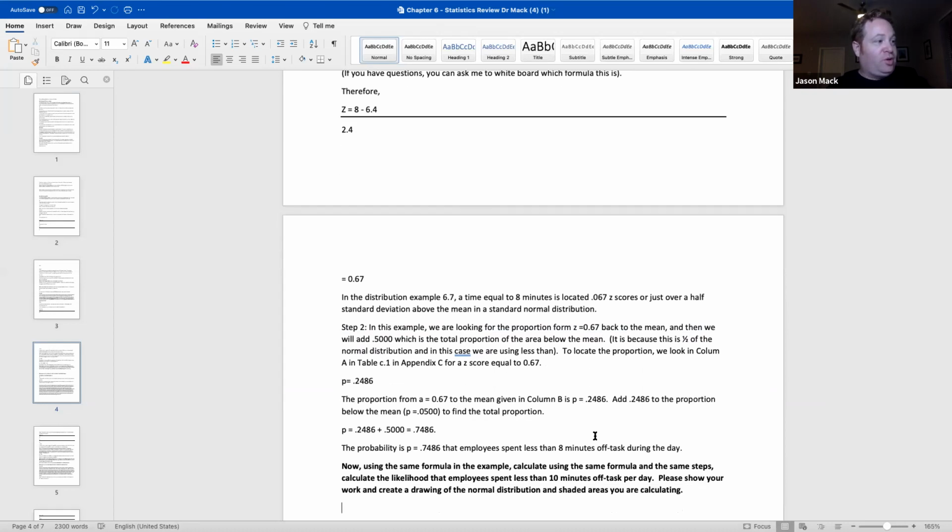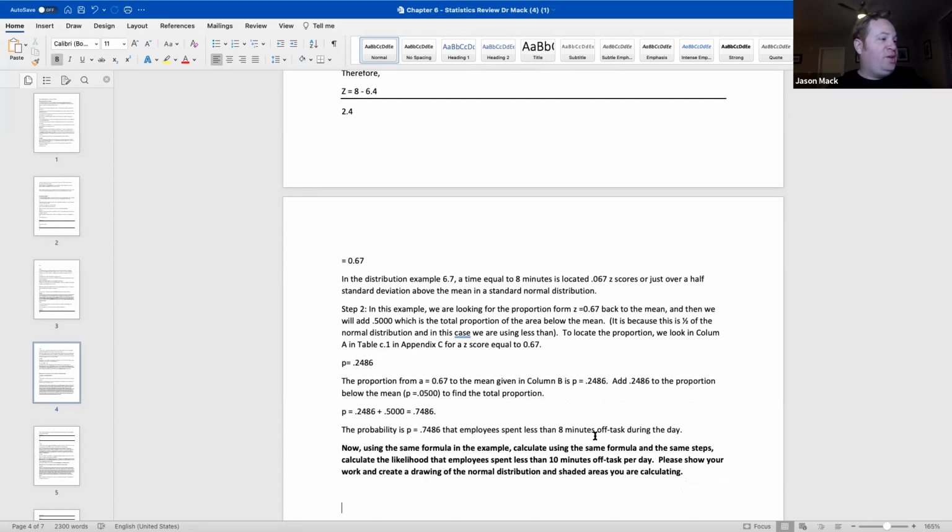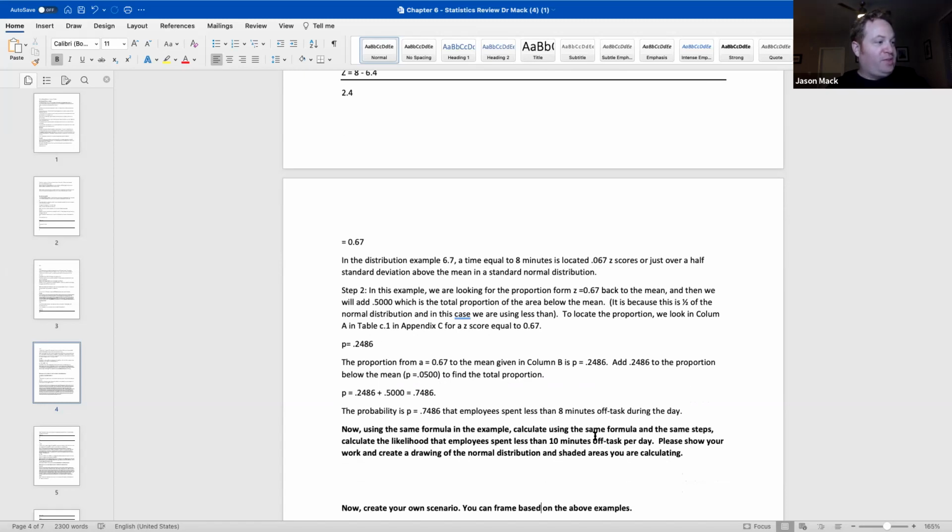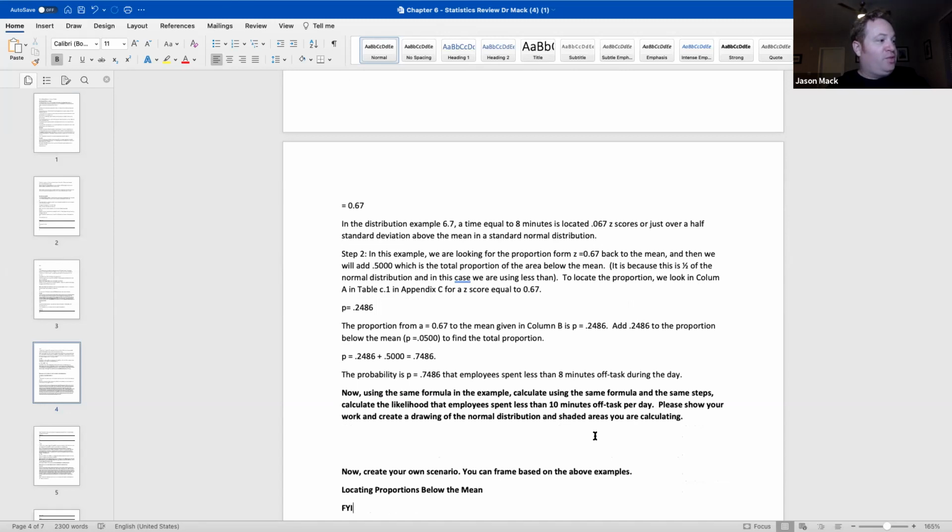To locate the proportion, we look in column A of appendix C, and we see that the proportion from z equals 0.67 to the mean in column B is p equals 0.2486. We add 0.2486 to the proportion below the mean, 0.5000, to find the total proportion. Therefore, 0.2486 plus 0.5000 is 0.7486.